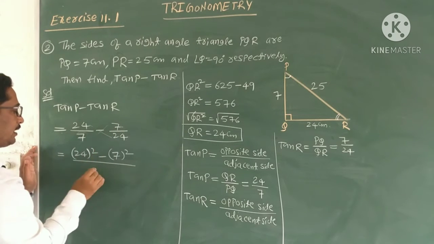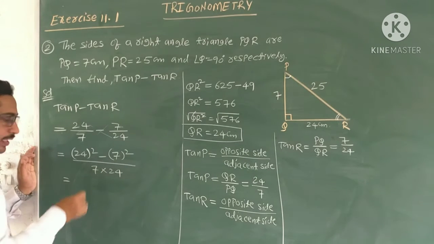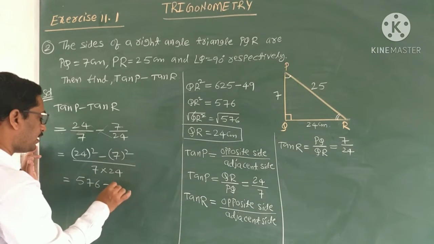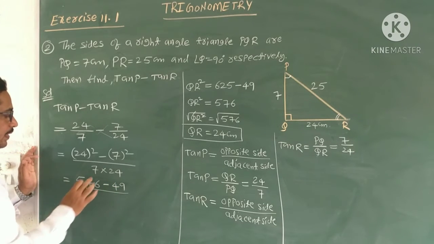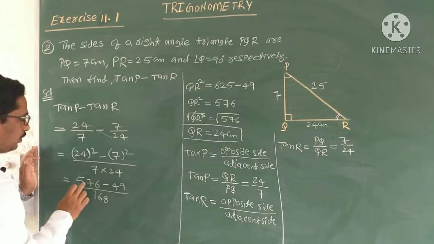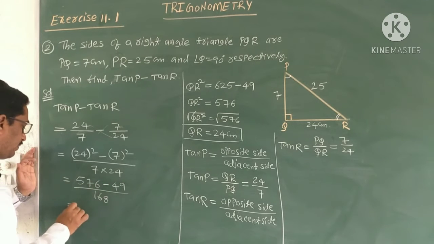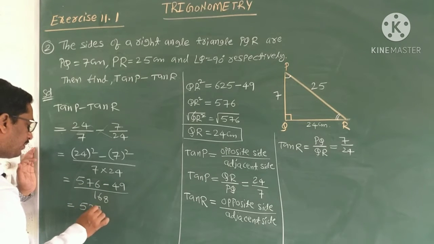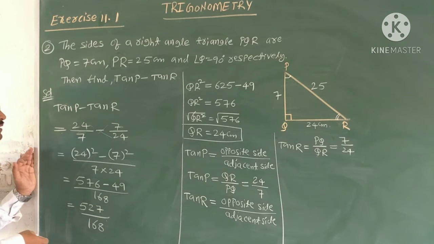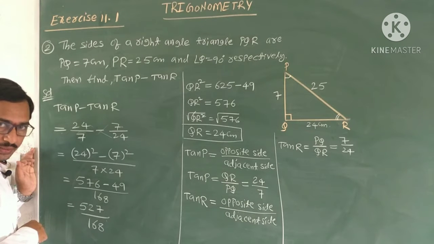Next denominators multiply 7 into 24. 24 square value 576, 7 square value 49 by 7 into 24 is 168. 576 minus 49 value 527 by 168. So tan P minus tan R value 527 by 168.